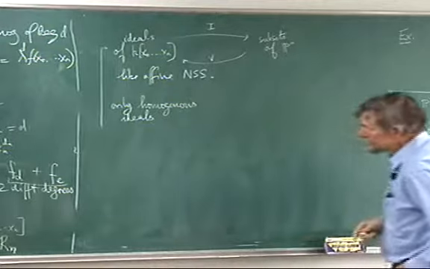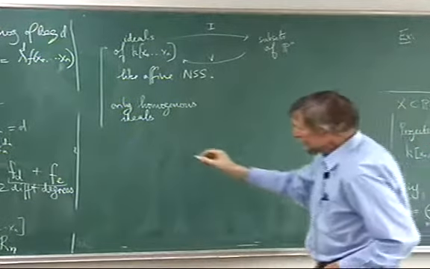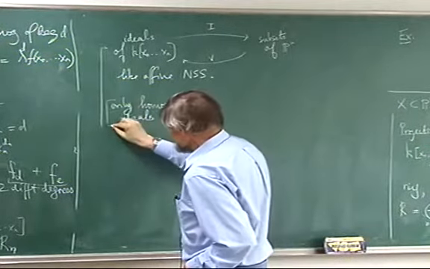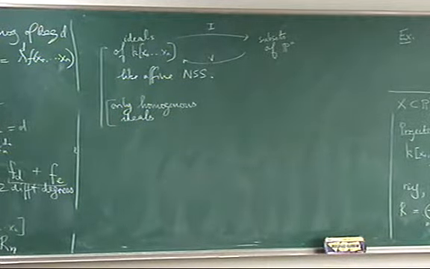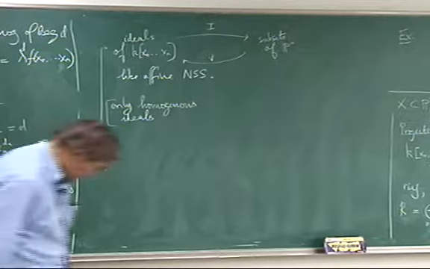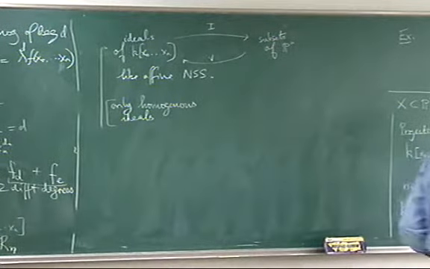So that's one ingredient that I have to throw in to make this cookery work. So on the left-hand side, I only have homogeneous ideals. Now there is another little ingredient I also want to throw in.